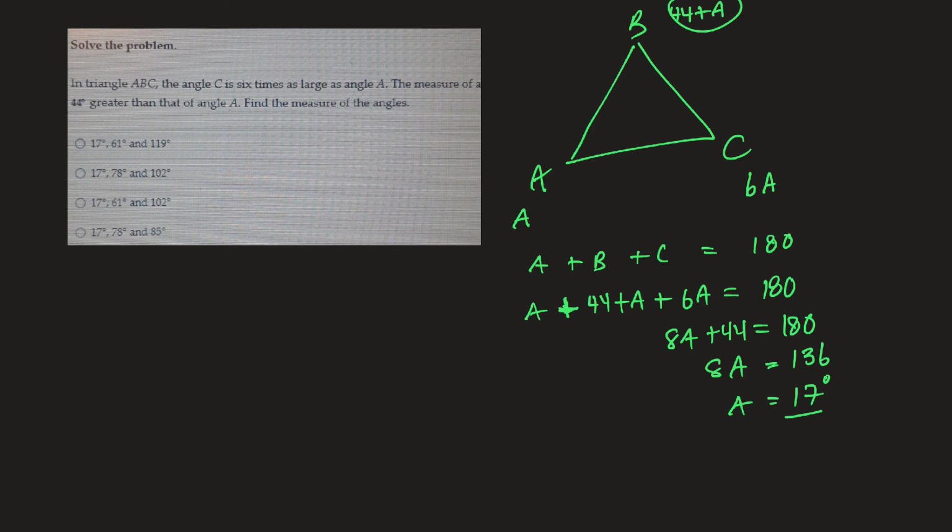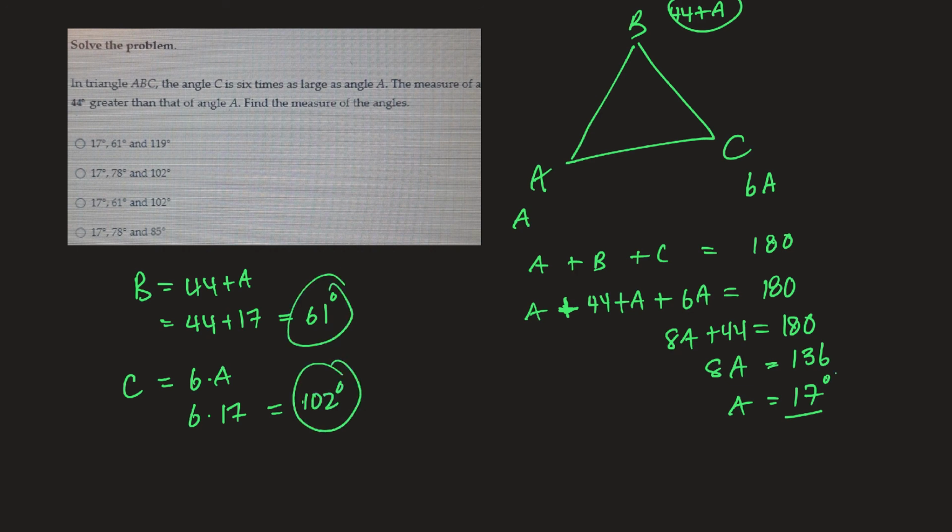So I know that B is 44 plus A. So that would be 44 plus 17, or that looks to be 61 degrees. Angle C is 6 times A, or 6 times 17. And 6 times 17, I think, is 102 degrees. So those would be the measure of my 3 angles.